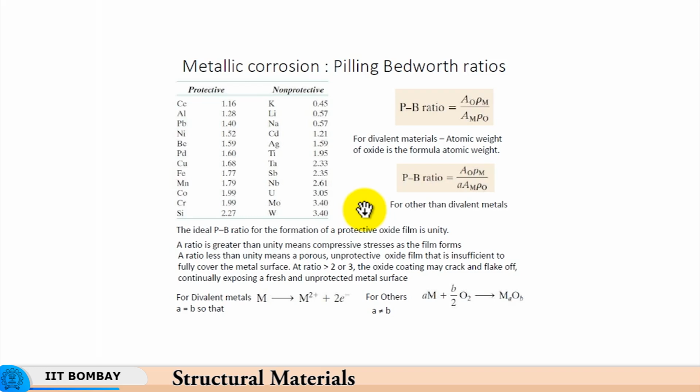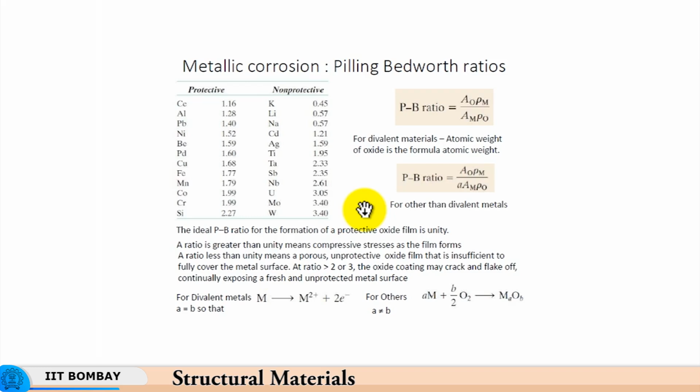So, for divalent metals, because oxygen has got a valency of -2 which is fixed, if the metal oxidizes to a valency of +2, it gives out 2 electrons, and that is taken up by oxygen. Then you have an oxide MO that is formed, where MO would mean FeO, for instance.